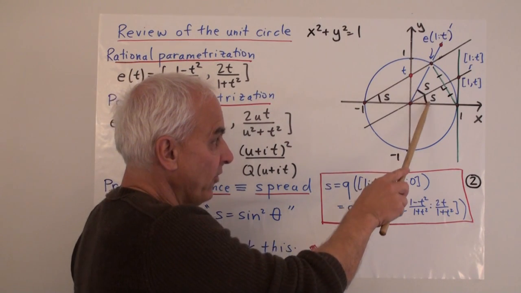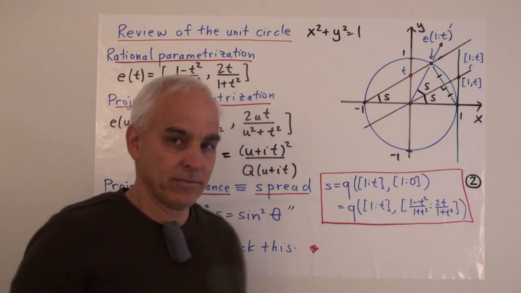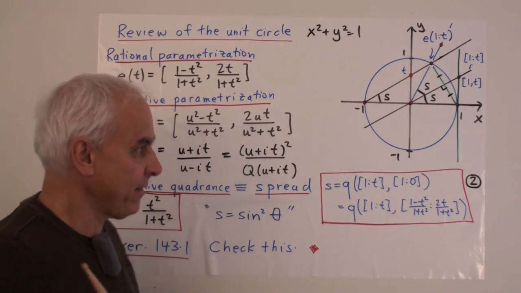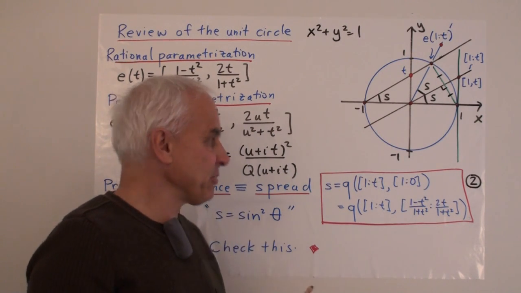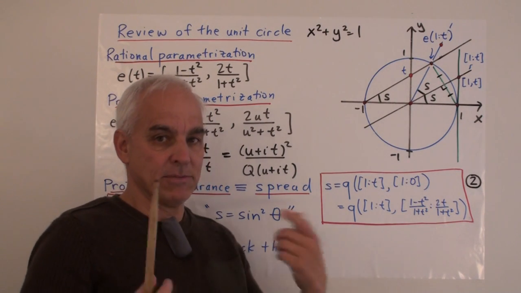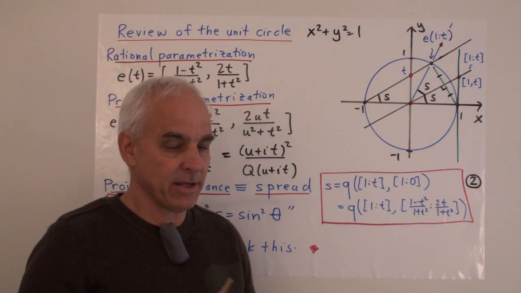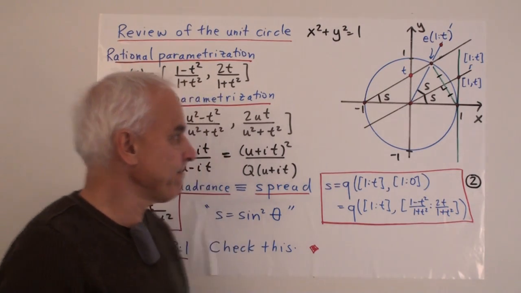So in terms of angles, this would be twice the angle of this. But we're going to see very clearly that we don't want to think in terms of angles. It's much preferable to think in terms of spreads. Everything becomes much clearer and ultimately more logical and tight.